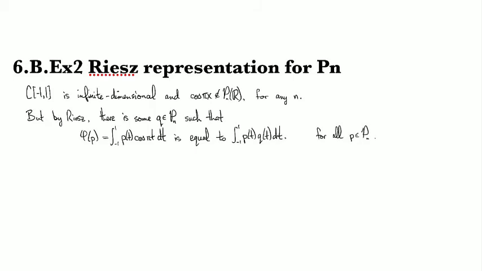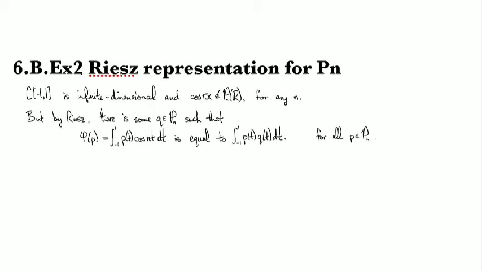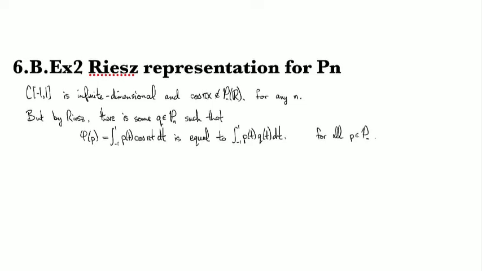So let's see. This is only possible, right? Because the dimension of Pn is finite. Otherwise, this kind of thing wouldn't be able to happen. So now we're going to work out in detail.